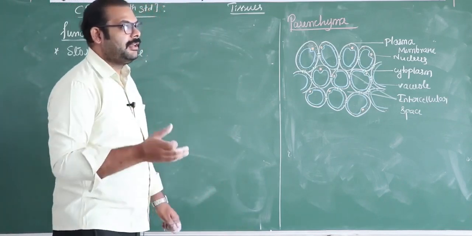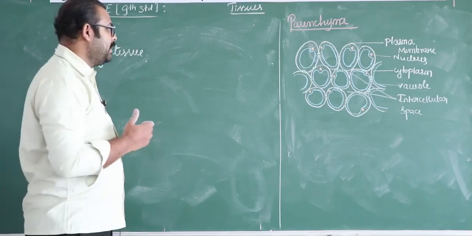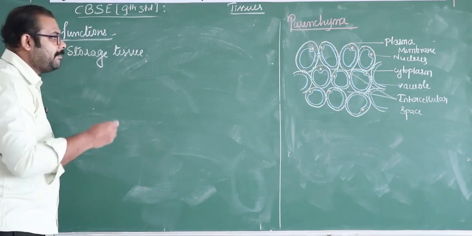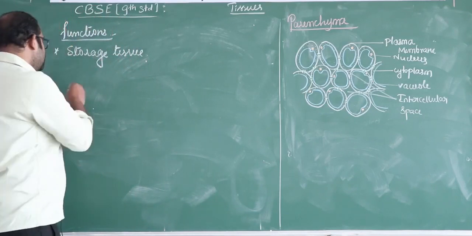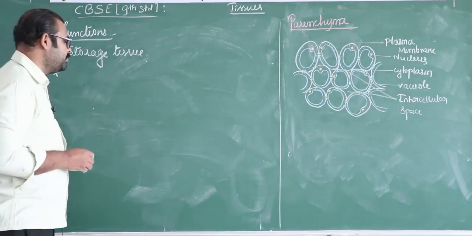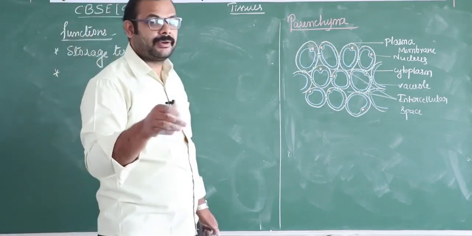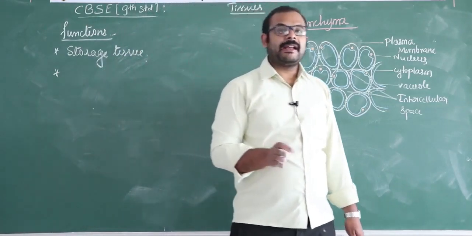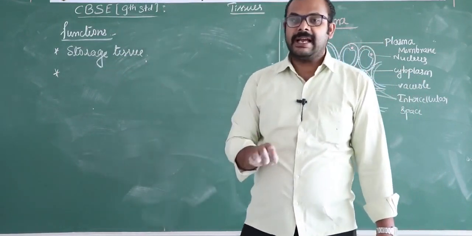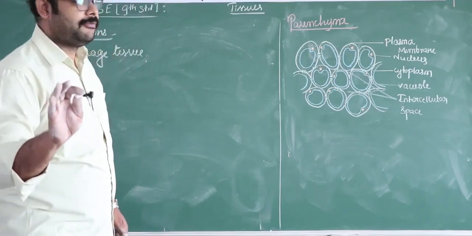If you see the section of a stem or a leaf, just below the epidermis is where the parenchyma is located. Sometimes in a leaf it contains chloroplast, and those parenchyma which contain chloroplast are called chlorenchyma, and they help in synthesis of food.